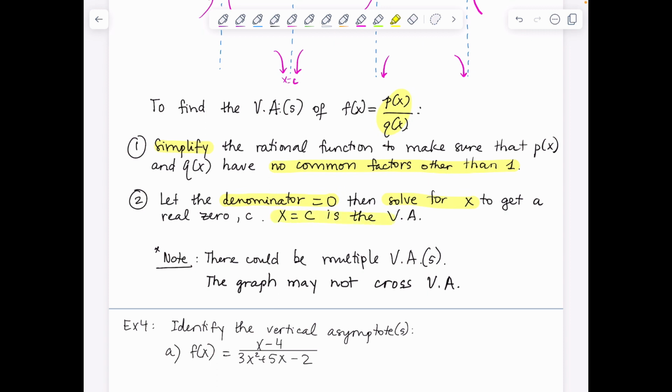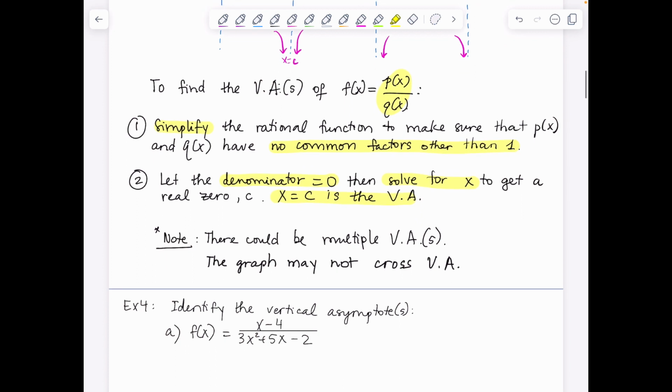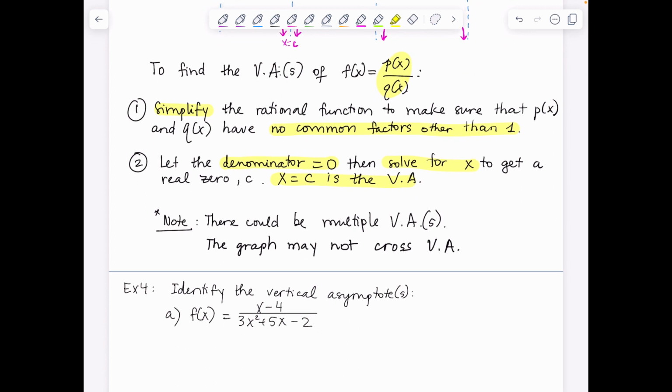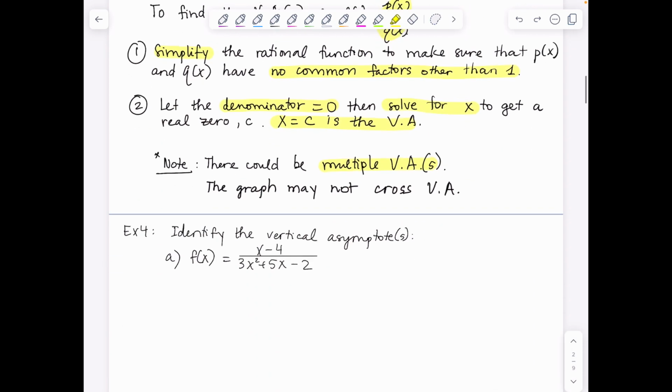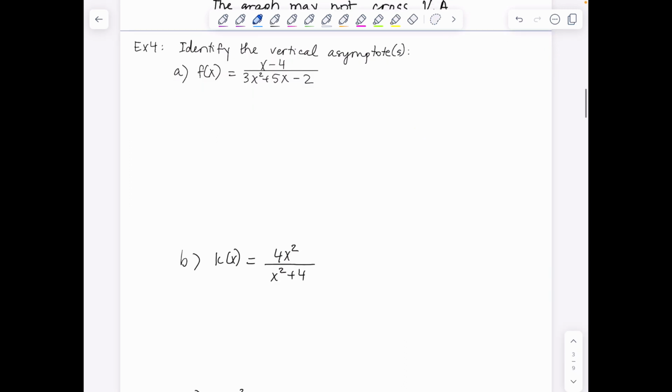Then x equals c is going to be the vertical asymptote. A few things to note here. There could be multiple vertical asymptotes in the graph. As you can see from the first picture here, there are two vertical asymptotes. Second, the graph may not cross a vertical asymptote.